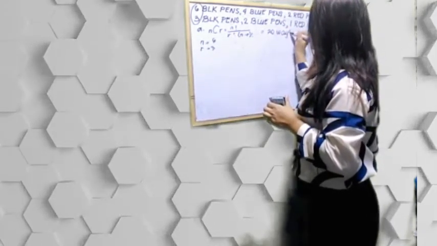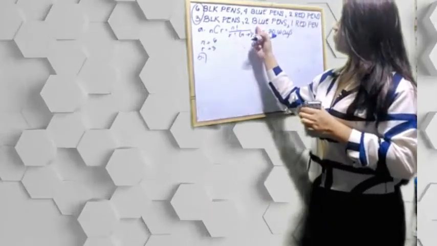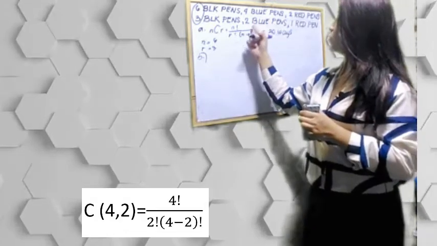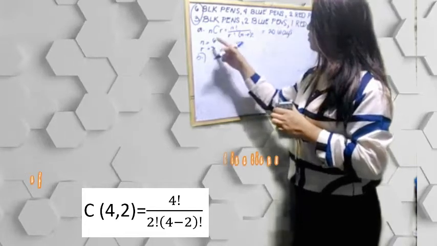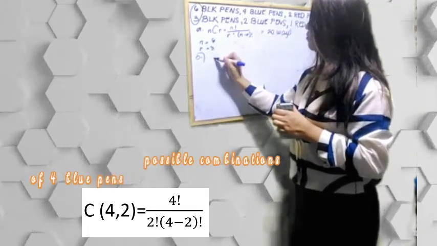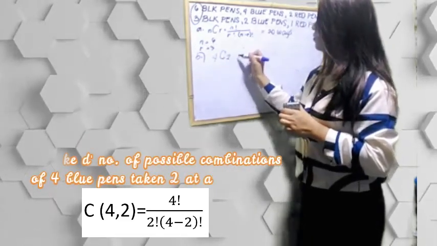We will be doing the same thing for the number of possible combinations of taking 2 blue pens out of 4. Your formula would still be the same. You will substitute the values. So our n would be 4, taking 2 at a time.